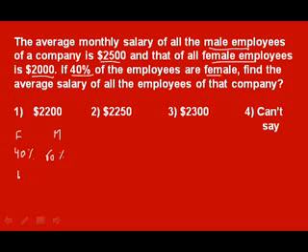So hence I can say that they are in the ratio 40:60, or dividing the whole ratio by 20, I can say that females and males are in the ratio 2:3. So female to male ratio is 2:3, or I can say that male to female ratio is 3:2.